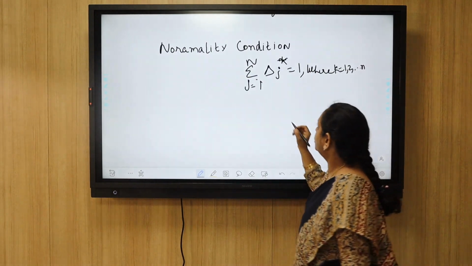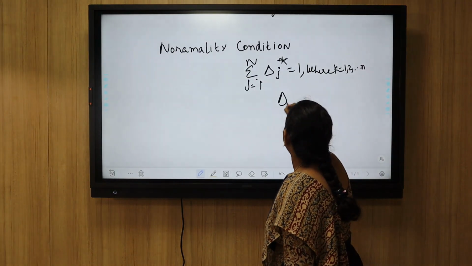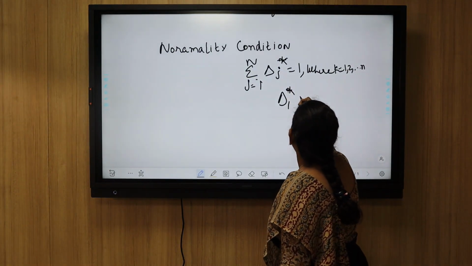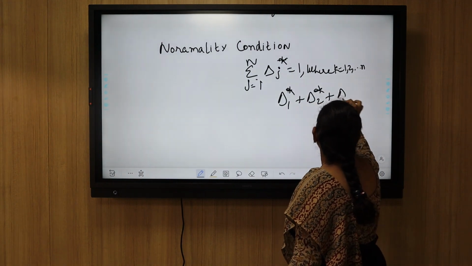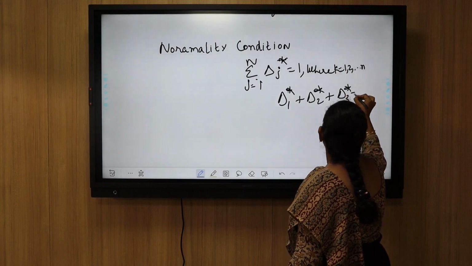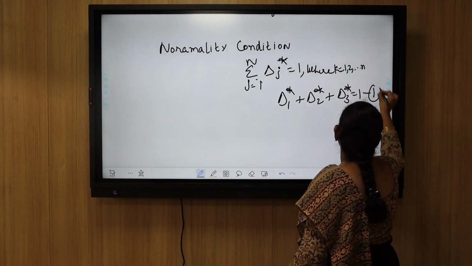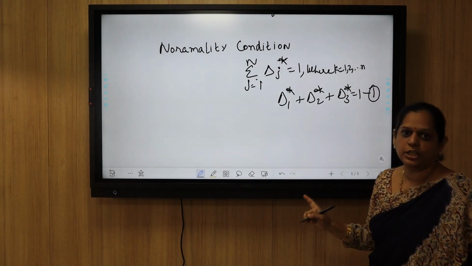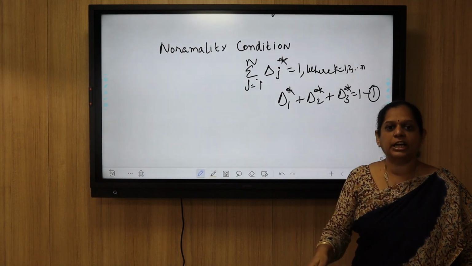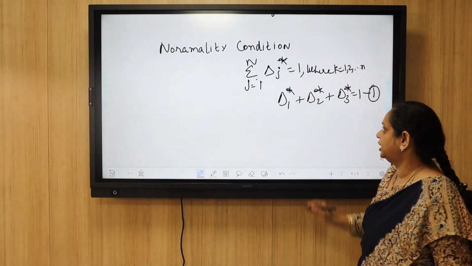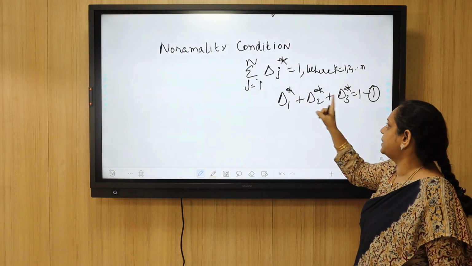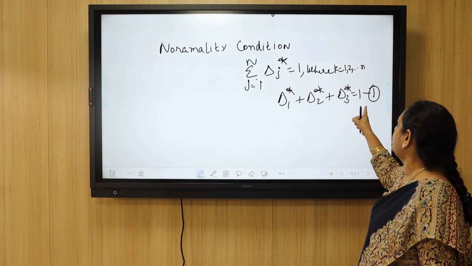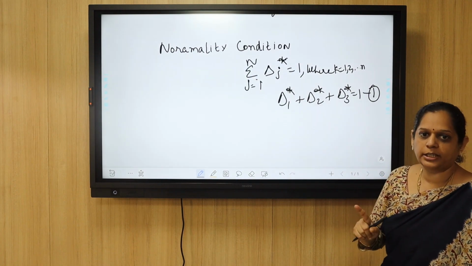So it will be delta 1 star plus delta 2 star plus delta 3 star equal to 1. This is one equation. You have to solve all the equations which you get from both the normality condition and the orthogonality condition. In the normality condition, we got one equation, that is delta 1 star plus delta 2 star plus delta 3 star equal to 1.